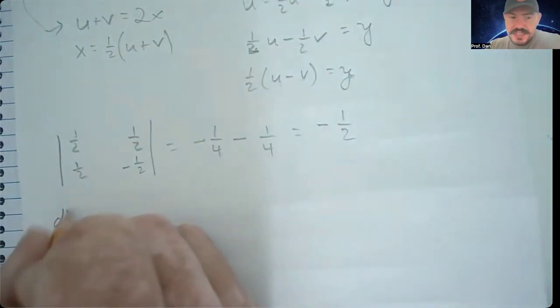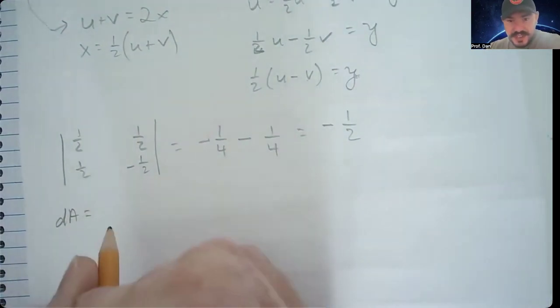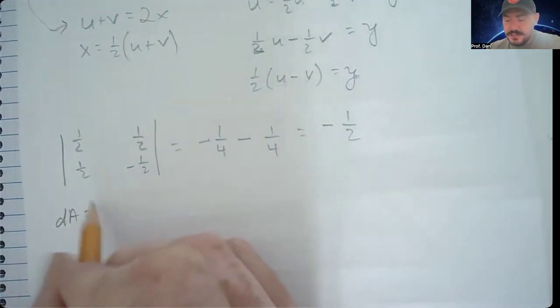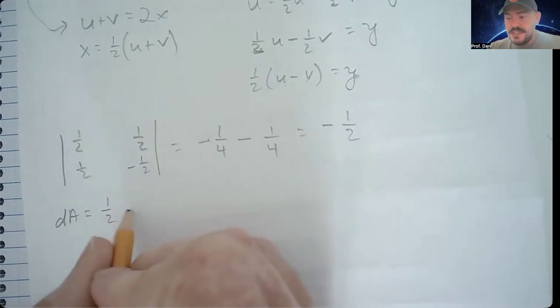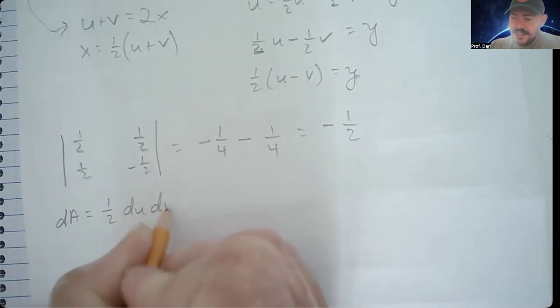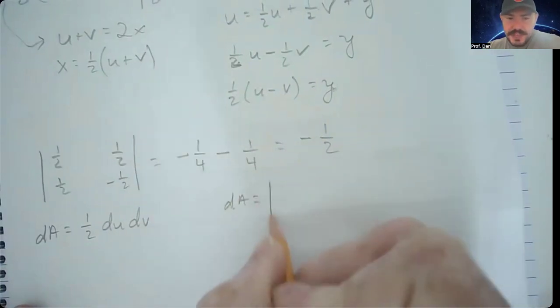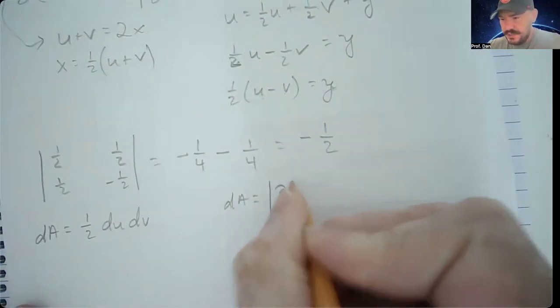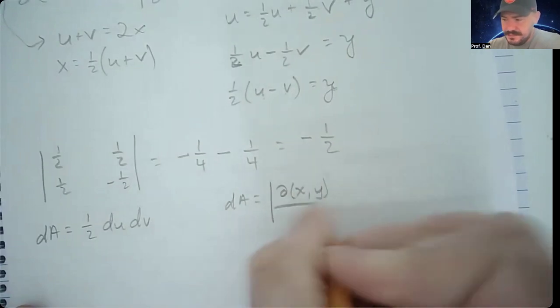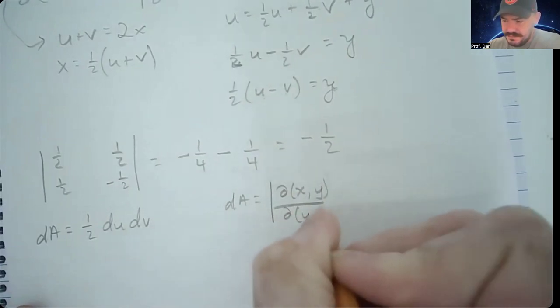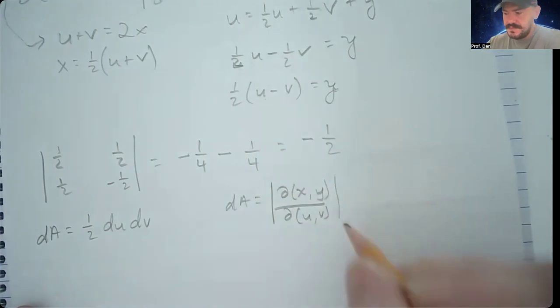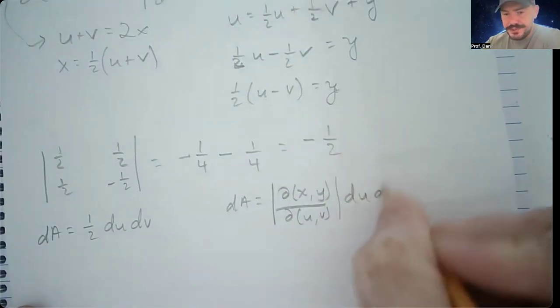So in this case, dA is not going to be negative 1/2 du dv. It's actually going to be positive 1/2 du dv, because the definition here is that dA is equal to the absolute value of the Jacobian times the new differentials.